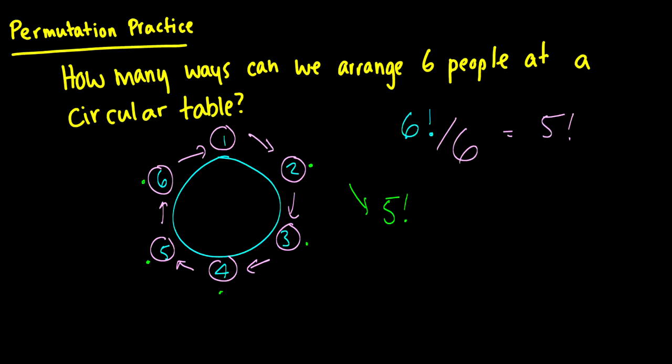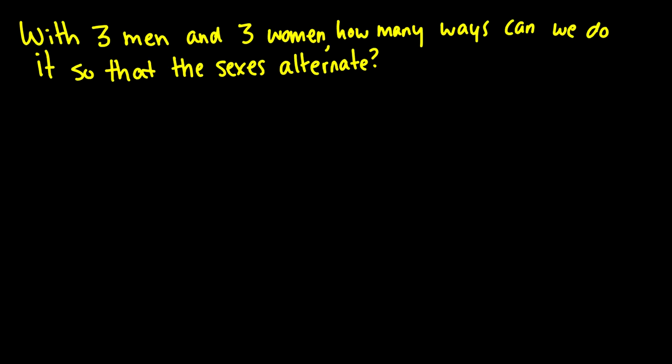So here's where the problem gets a little bit more interesting. Suppose we have those same 6 people, except 3 of them are men and 3 of them are women, and we want it so that the men and women alternate. So if we draw this picture here, we have a man, a woman, a man, a woman, a man, and a woman.